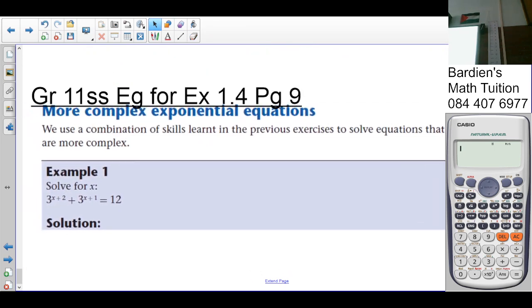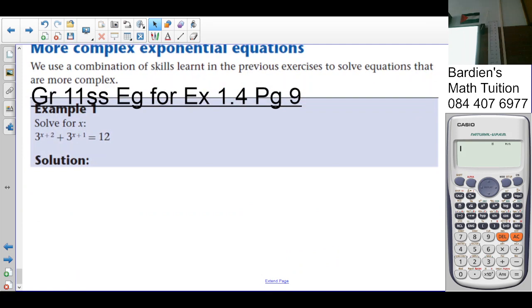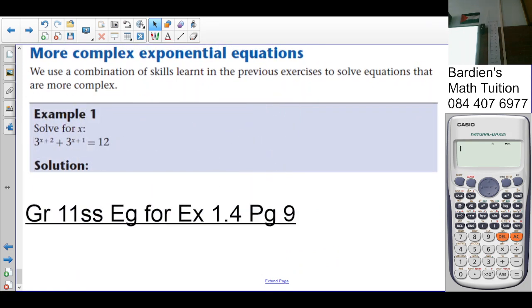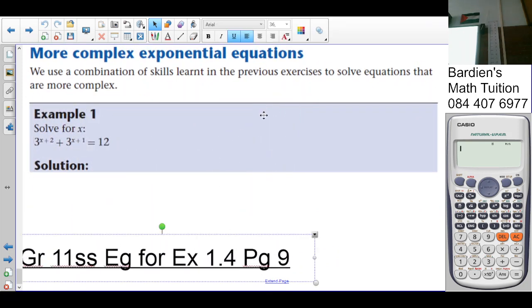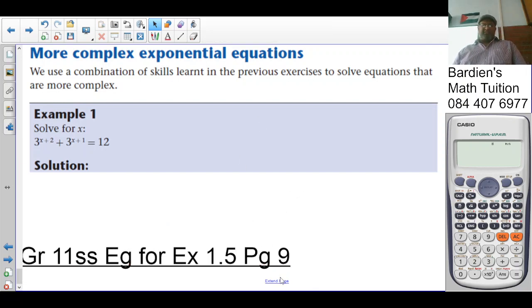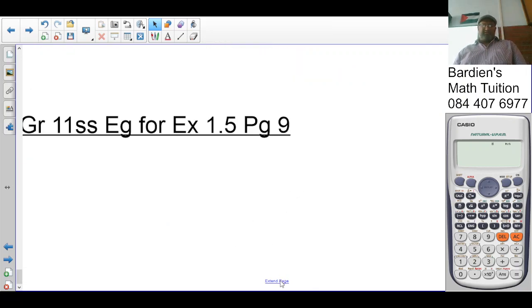This example is on page 9, but it's for exercise 1.5. Is that correct? These examples are for exercise 1.5.